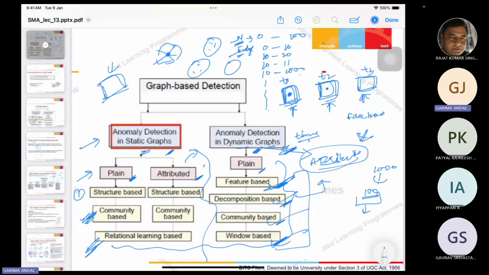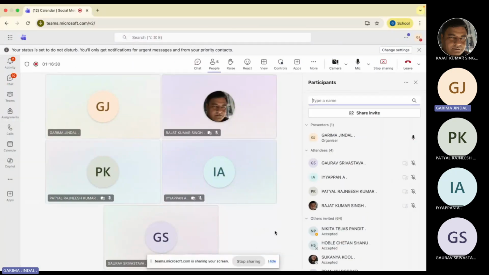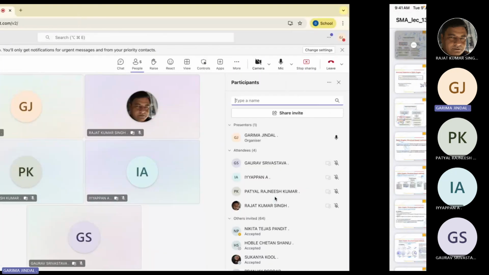So we have seen the different strategies or techniques you can follow to identify the anomalous behavior in the network. Next, I am planning to revise what we have done before mid-sem.